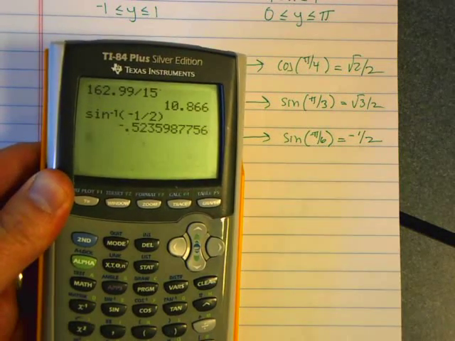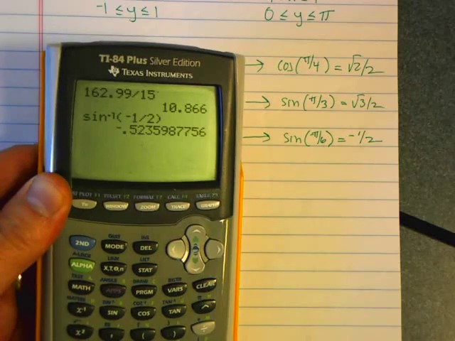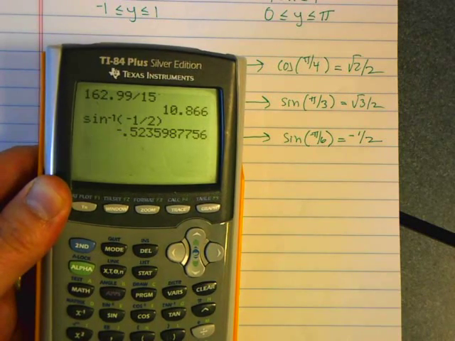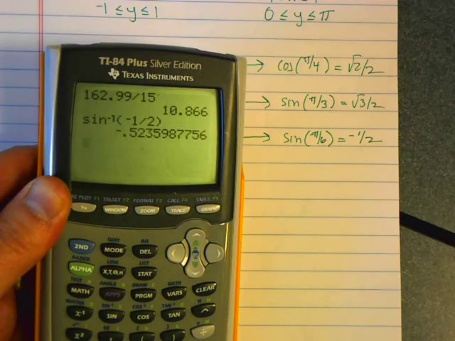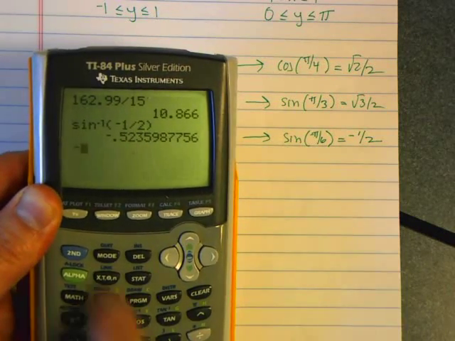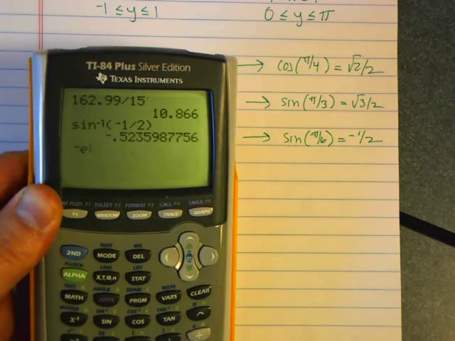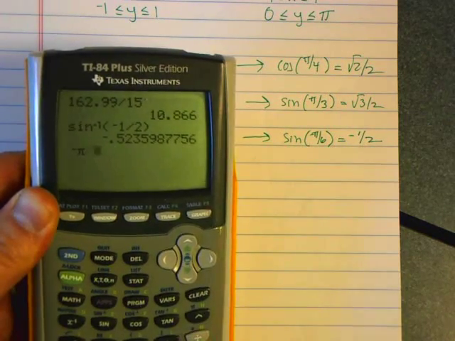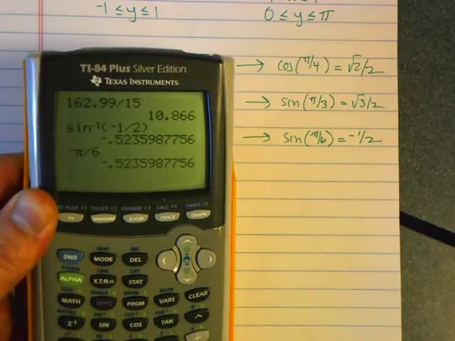It's not going to give you pi over 6. It will not give me pi over 6, unfortunately. But that is just the decimal form. It is negative pi over 6 in decimal form, I think. Well, it better be. Hey, look at that, it is the same answer.